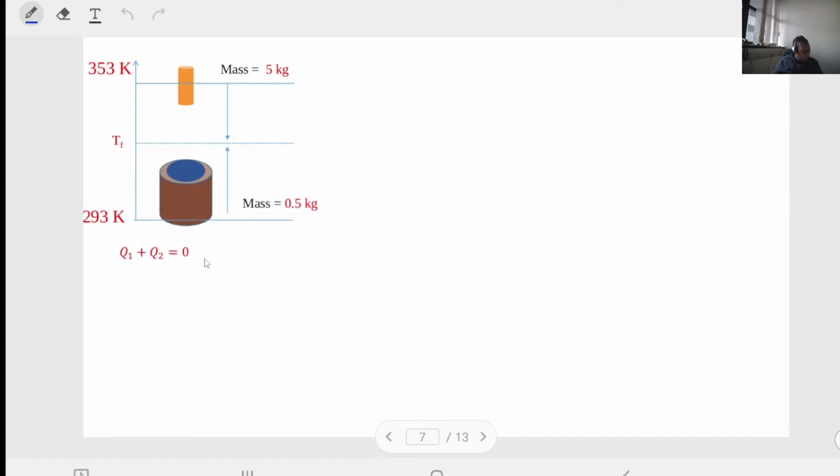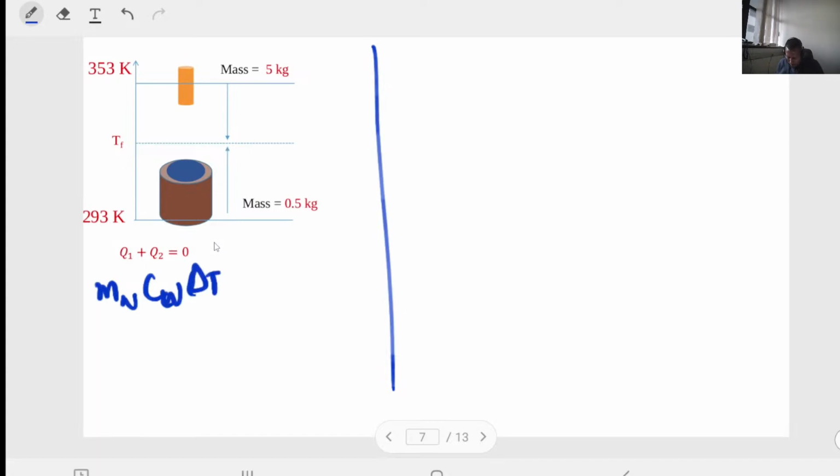Then if I put the numbers as I did for the other one, basically mass of the water, specific heat capacity of the water, delta T for the water, plus mass of the lead, C of the lead, delta T of the lead must be equal to 0, where L is lead, W is for water.